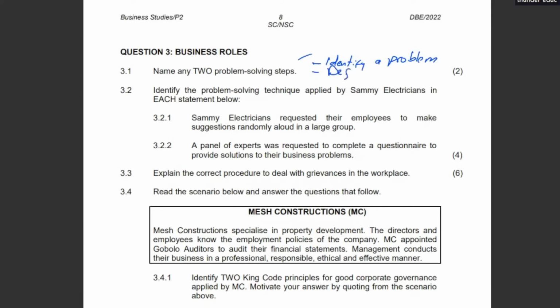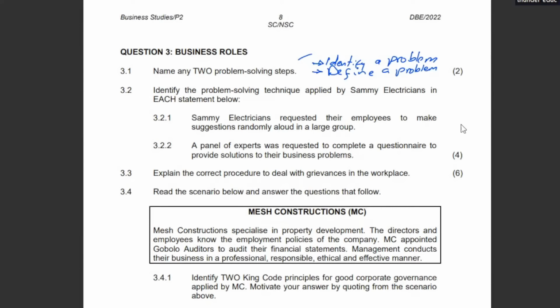Then also you should be in the position to define a problem. And other steps can actually follow. As I said, there are many steps, but here I'm only going to take into account 2 steps, because the question needs only 2 steps. Okay, right. So now let's move on to 3.2.